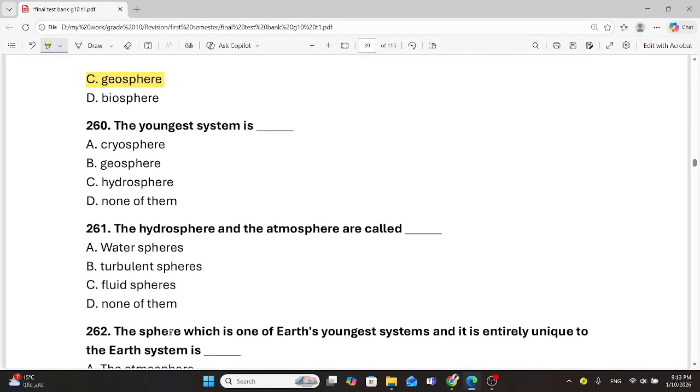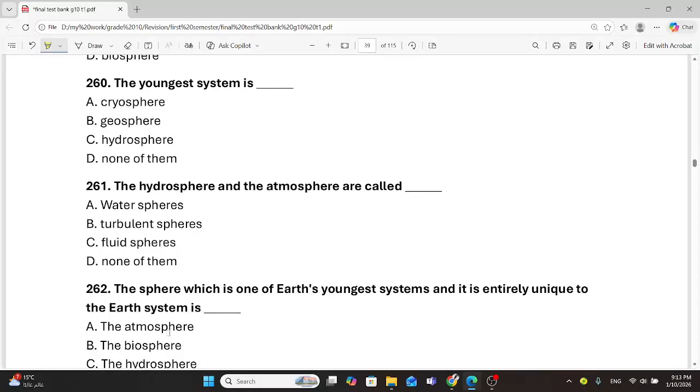None of them. The hydrosphere and the atmosphere are called water spheres, turbulent spheres, fluid spheres, or none of them? Fluid spheres.